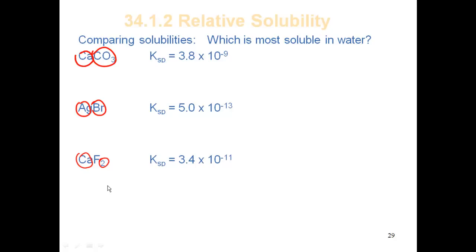How would I calculate the molar solubility? First I have to write my reaction. Calcium carbonate gives me calcium plus carbonate ions. If I say the molar solubility of calcium carbonate is S, then I have S calcium and S carbonate, 1 to 1.